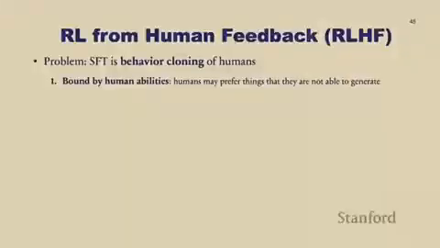One of them is that you're bound by human abilities. Humans won't generate the things that they think are actually the best thing to generate. If you ask me to write a book, I can definitely enjoy a book. I can probably say one book is better than another, but I'm definitely not going to be as good at writing the book that I want to read. So you're bound by the human ability to generate things, even though humans might be better at distinguishing between things. That's one issue.